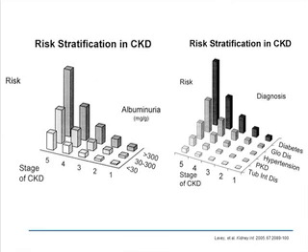You can see that for any level of GFR, people with diabetes or chronic glomerulonephritis or hypertension have much higher event rates than people who have a more quote-unquote benign form of kidney disease, such as tubulointerstitial disease or autosomal dominant polycystic kidney disease.